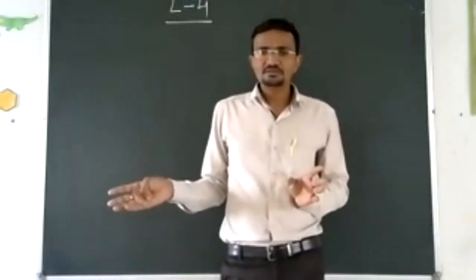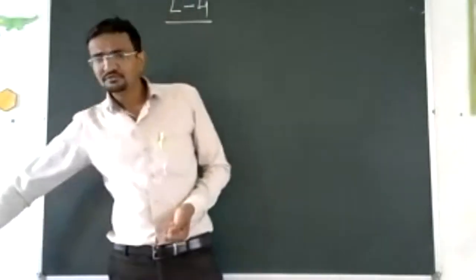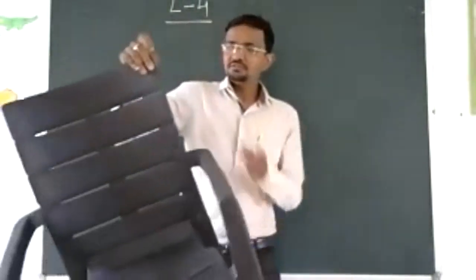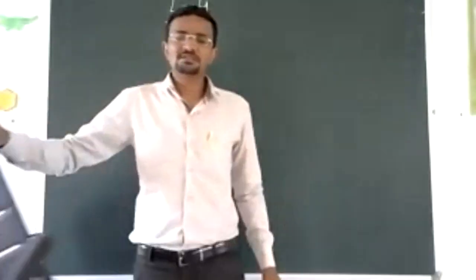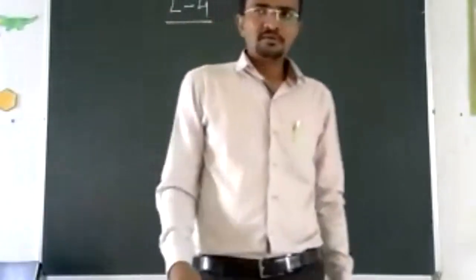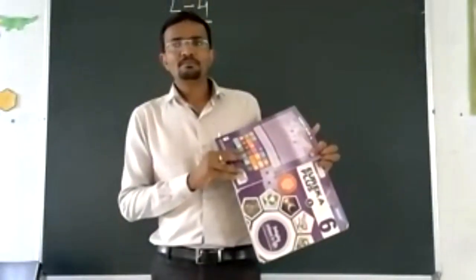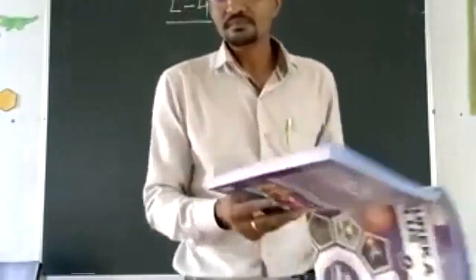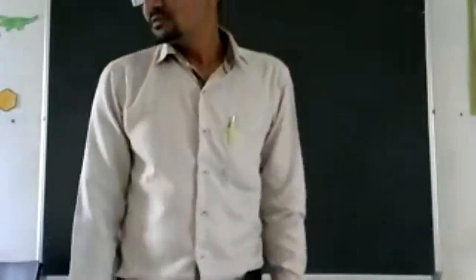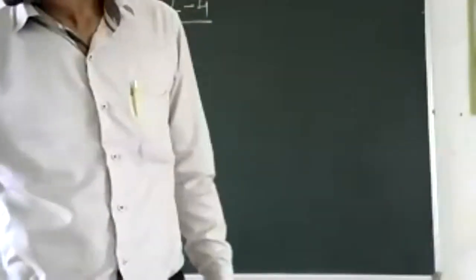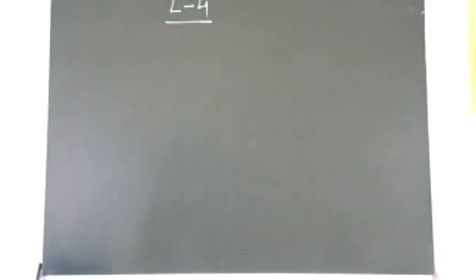For example, this chair is made up from plastic. The book is made from paper. This chair is made from wood.